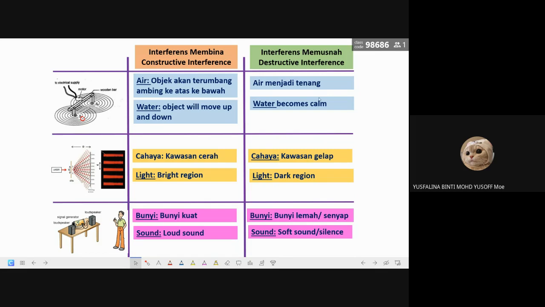While the destructive interference produces the dark one; the dark one is this side. And another one, for interference of sound: if a loud sound is produced, it means constructive interference. If the sound is soft, that means at that point the destructive interference occurs.